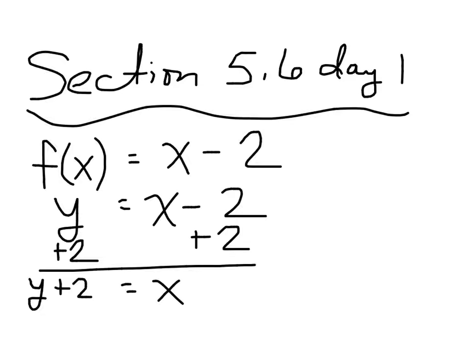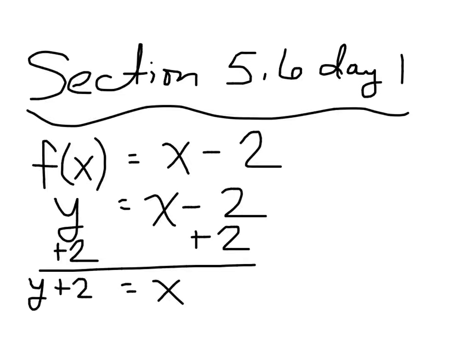Sound simple enough? Good. Now part B will say find the input when the output is -7. Input is the x, output is the y. Or input is the domain, output is the range. When they talk about those words, they're interchangeable.